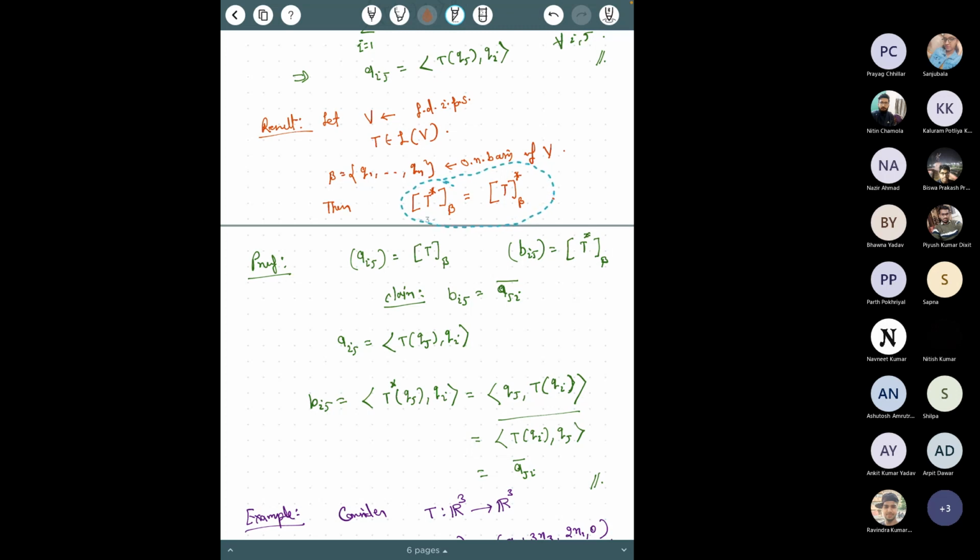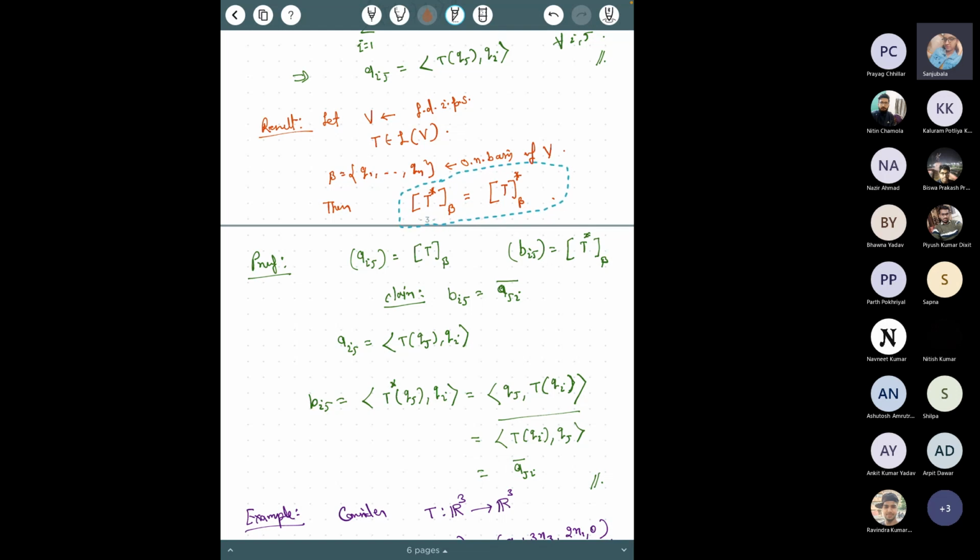Using that, can you say something about the matrix of T star? And using the matrix of T star, can you say something about T star? So if T is invertible, what can you say about T star? Any guess? Sir, also invertible.